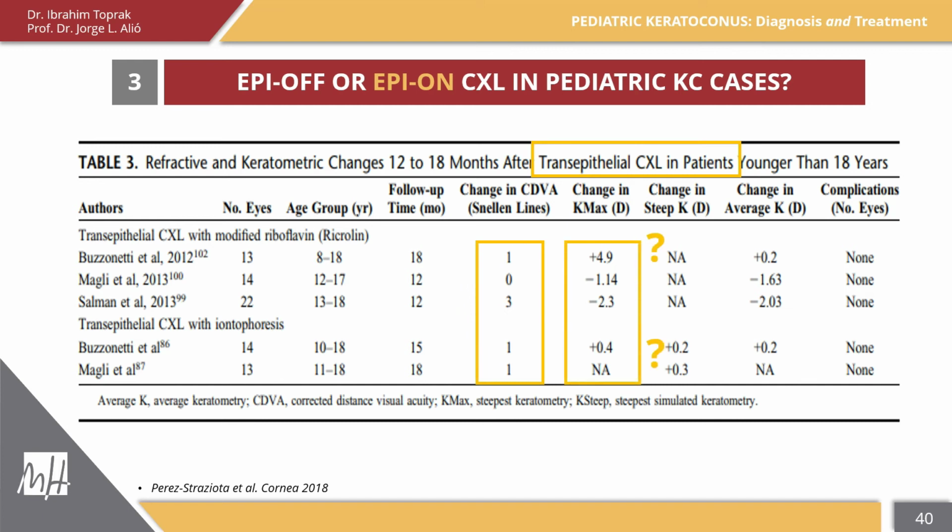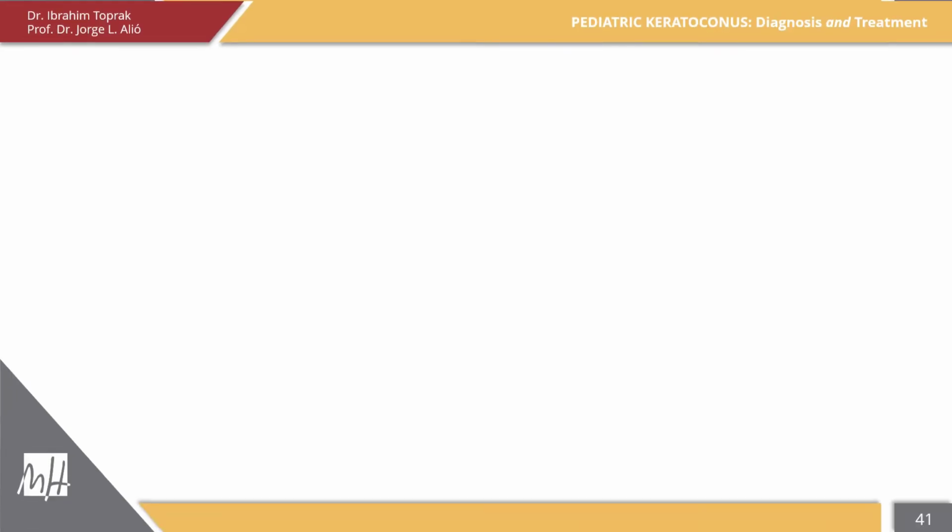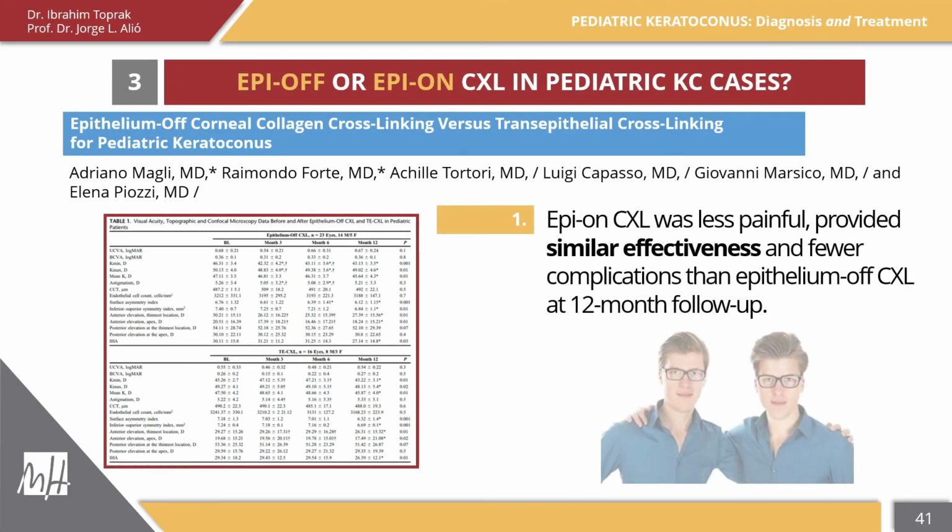On the other hand, studies on epi-on cross-linking procedure in pediatric keratoconus present conflicting outcomes. For instance, one study by Magli reported that epi-on cross-linking was less painful and provides similar effectiveness to standard epi-off cross-linking at 1 year follow-up.